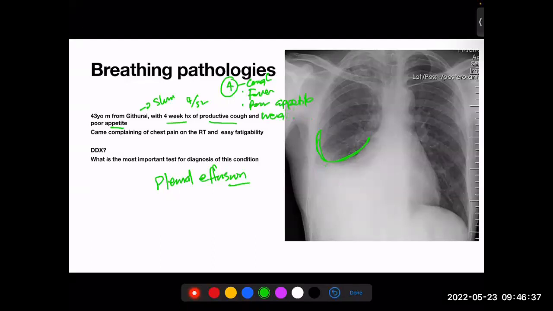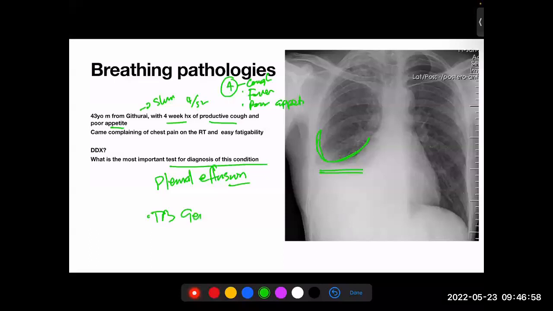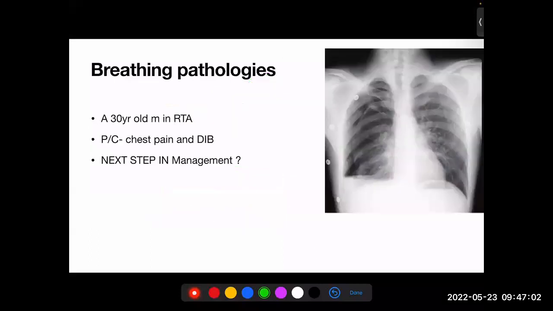So it's important for you to see the meniscus. The meniscus tells us that there is pleural effusion. What is the most important test for diagnosis of this condition? How do you diagnose TB is the question. The most important one is you do TB GeneXpert. Good.